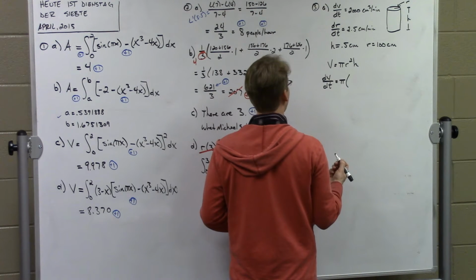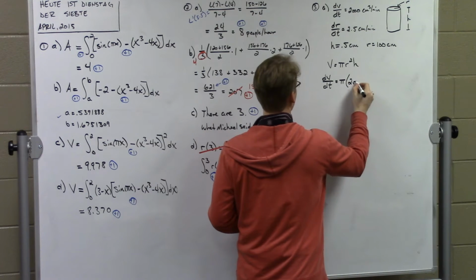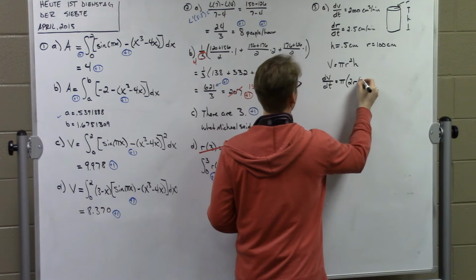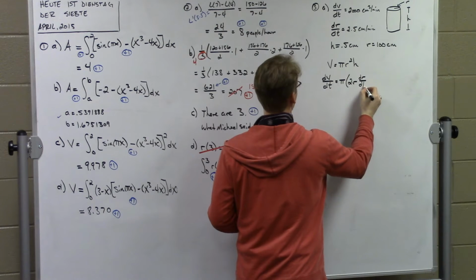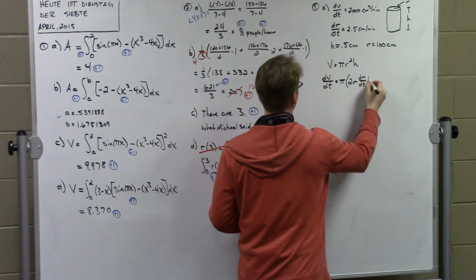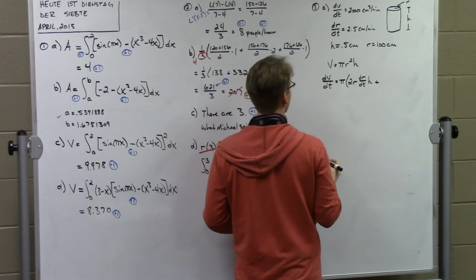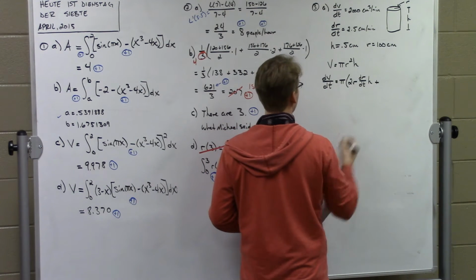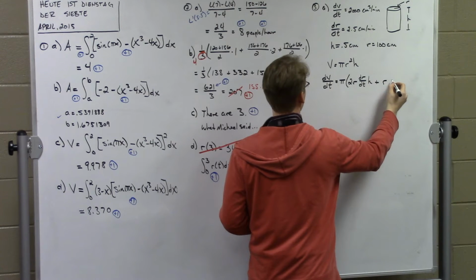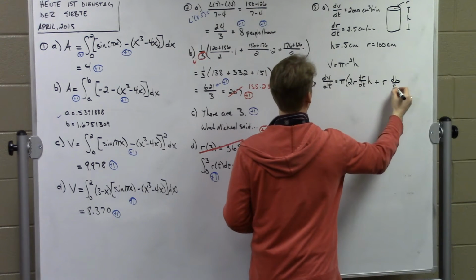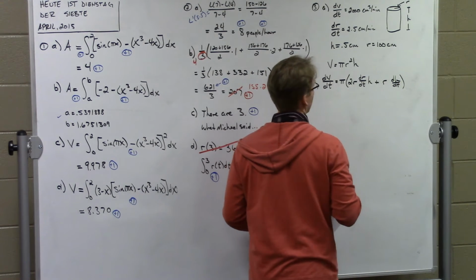Product of the first, so 2r with a little chain, dr/dt, and then h plus dh/dt. Yeah, Michael, would you like to write down your way?